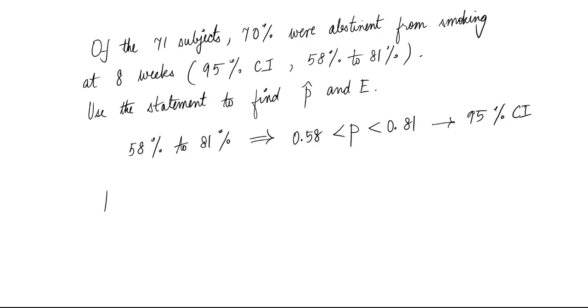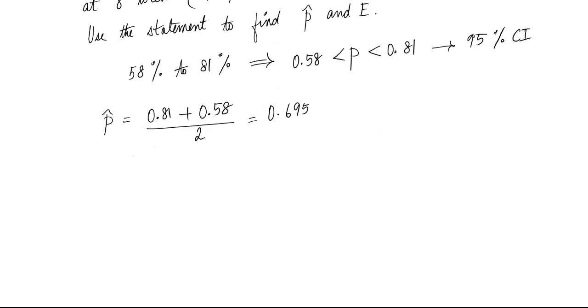Okay. So p hat is definitely the value that's midway between the upper and the lower limit. So use the formula. P hat is the upper limit, 0.81, plus the lower limit 0.58, divided by 2, which is 0.695. And then your margin of error is upper limit 0.81 minus the lower limit 0.58 divided by 2, which is 0.115.